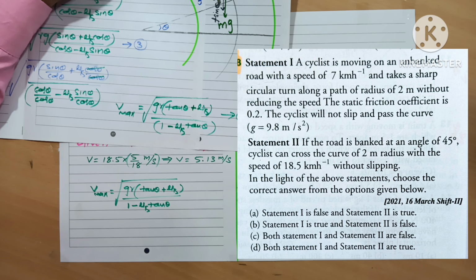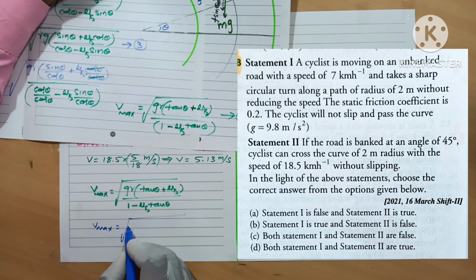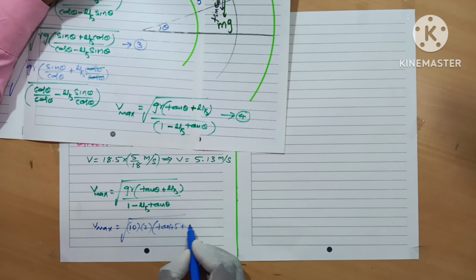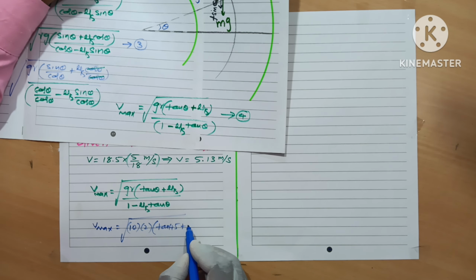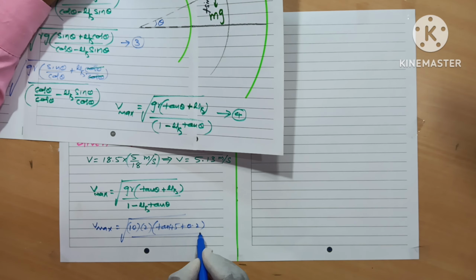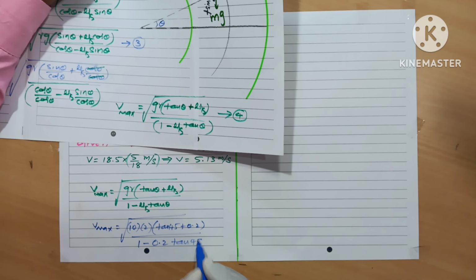Okay student, now the values are replaced. Vmax is equal to root of g value 10, r value 2, and tan theta, that is tan 45, plus mu k value 0.2, divided by 1 minus 0.2 into tan 45 degrees.